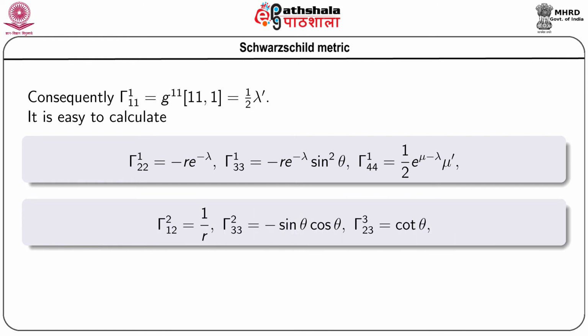And gamma 2 1 2 is coming as 1 by r, gamma 2 3 3 equals minus sin theta cos theta, and gamma 3 2 3 equals cot theta.